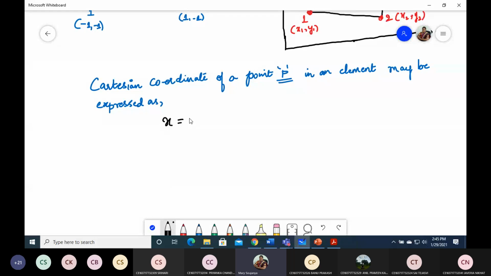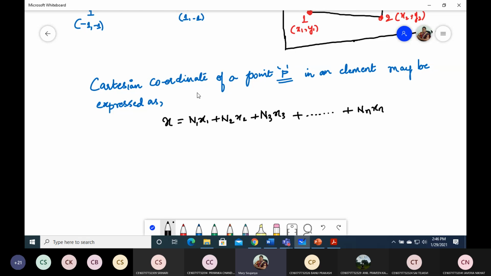x is equal to, we know already shape functions is the one that is relating a point inside the element with the nodal points. That is what the shape functions are, if you clearly remember. So here if we take n1 x1, n2 x2, n3 x3 plus so on, here it is 4 points, but that is not what we are seeing, right?